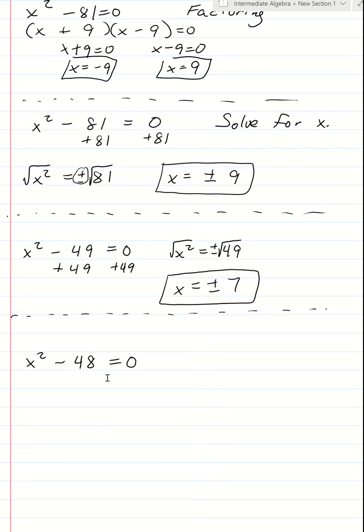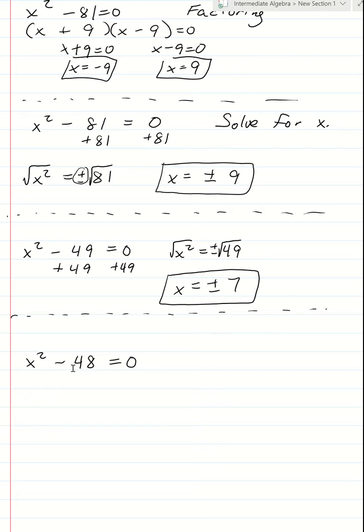Well, let's take a look at this equation now. X squared minus 48. Well, this is not factorable. This is not the difference of two perfect squares. So we can't solve this by factoring, but it is still solvable.